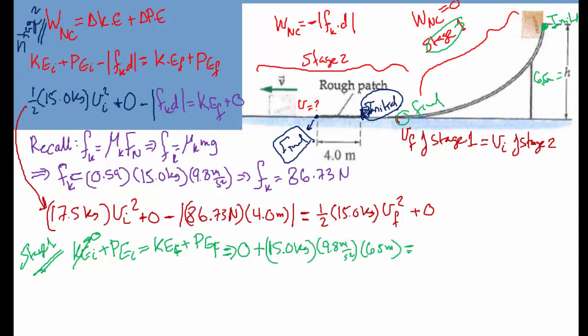This is equal to the right hand side, which is the final kinetic energy, 1/2 the mass times the final velocity squared, plus the final potential energy, which is 0, because at the final point the elevation is 0. And now we have one unknown, which is the final velocity of stage 1.